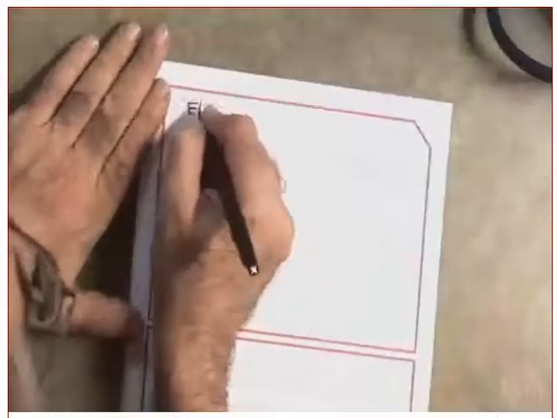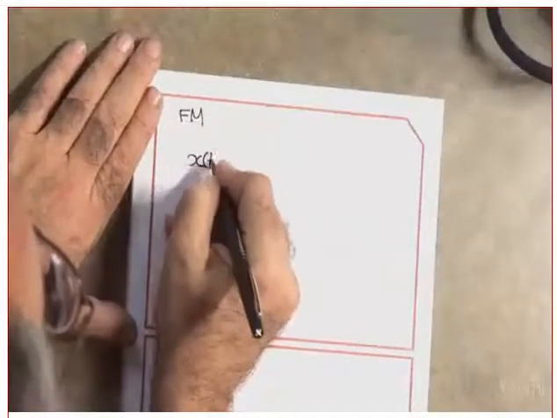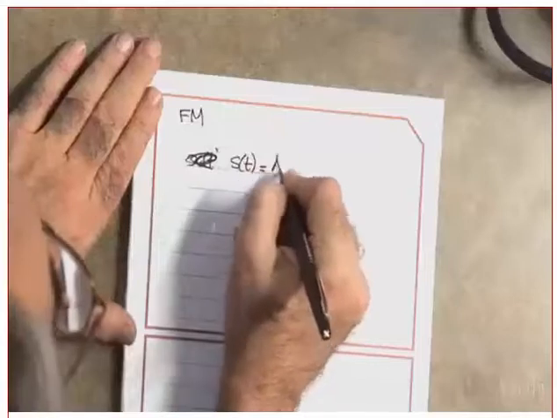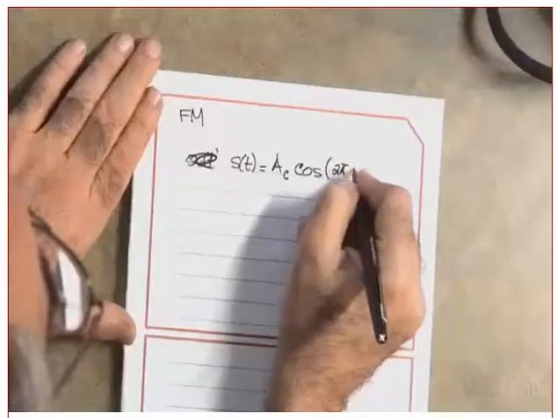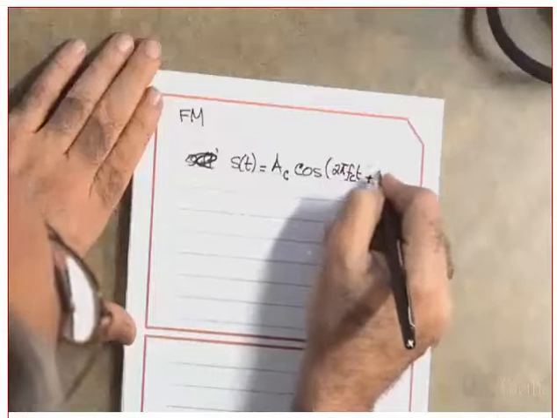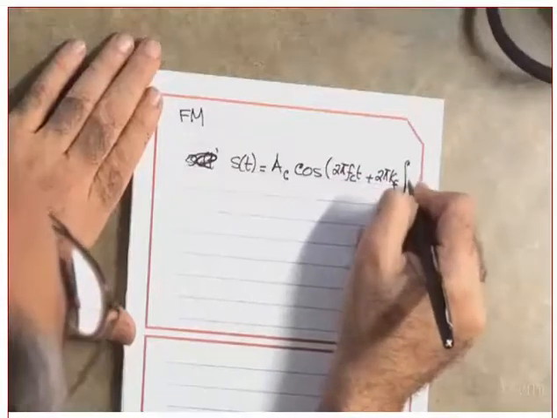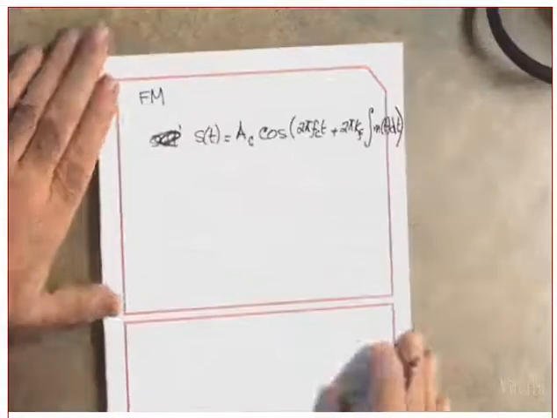So in FM, the mathematical model is the following. X of t or S of t equals A sub c cosine of 2 pi f_c t plus 2 pi k_f times the integral of m of t dt, close the bracket.